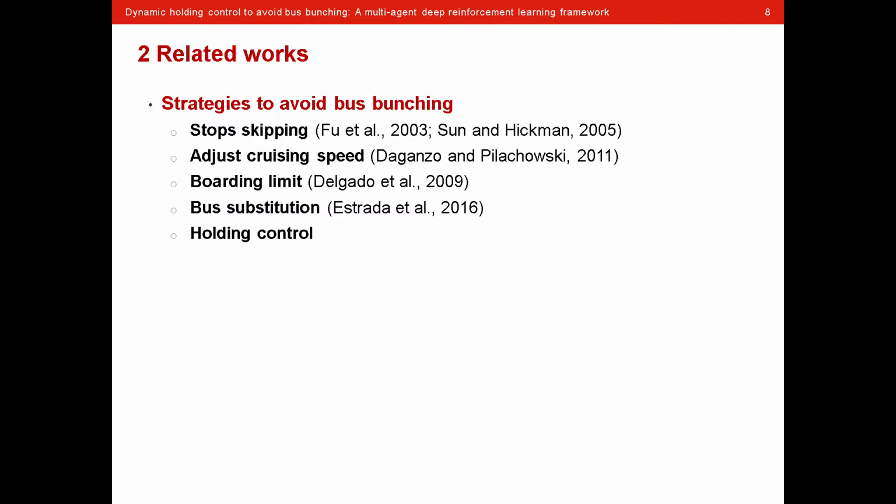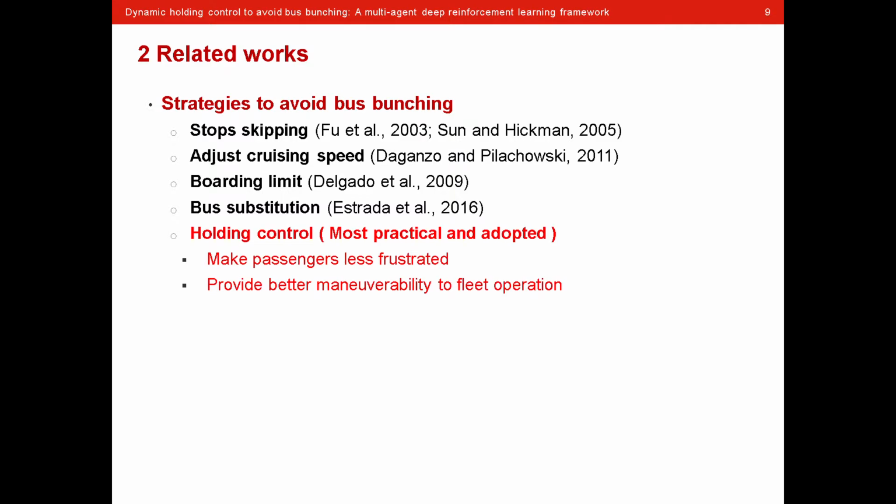As you can see, there are multiple strategies, for example, stop skipping, adjusting cruising speed, boarding limit, bus substitution, and our today's topic, holding control. Among these strategies, holding control is the most practical and adaptive one, because it will make passengers less frustrated, and it can provide better maneuverability to fit operation.